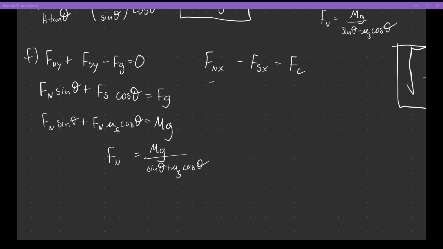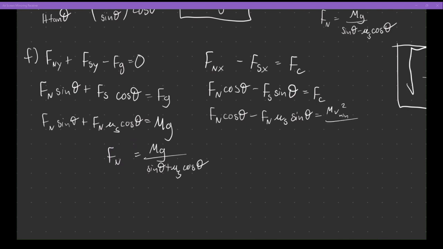So it's f n cosine of theta minus f of s sine of theta equals f of c. Over here it's f of n cosine of theta minus f of n mu s sine of theta equals M v squared, this is v min, this should be a capital M, not a lowercase m, over r.